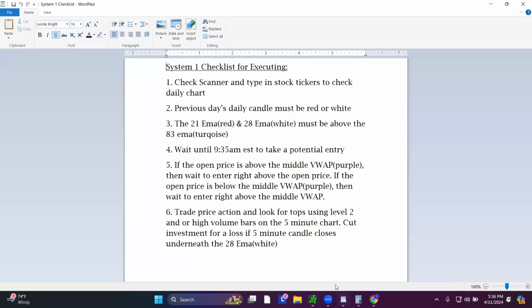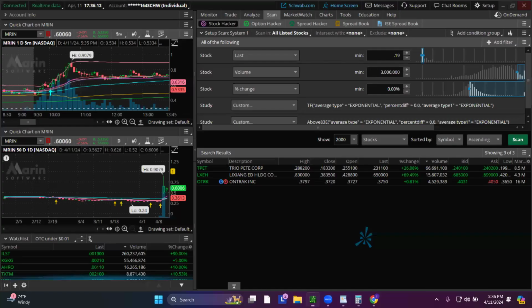I have the checklist for myself to look at. And of course, for anyone, whatever stage you're at, you're likely learning this information for the first time in your life. And so you definitely want to write the checklist down and actually make checks, so you can check each of them off. And so that was MRIN.